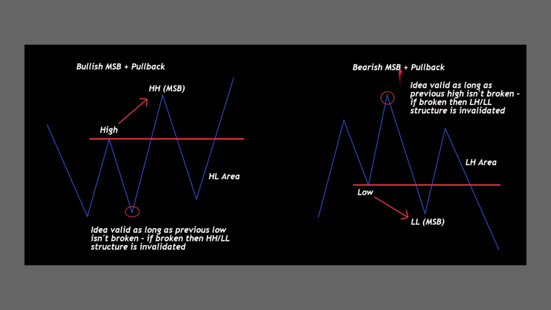If price goes above this, then this bearish market structure break is invalidated, and then we would see a continuation of the bullish market structure, right? But price could come to anywhere in this area and reverse and then continue to the downside.